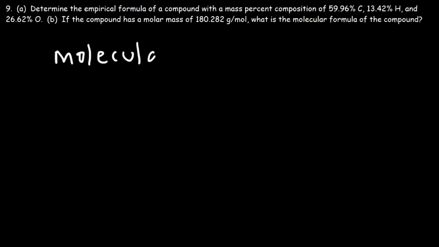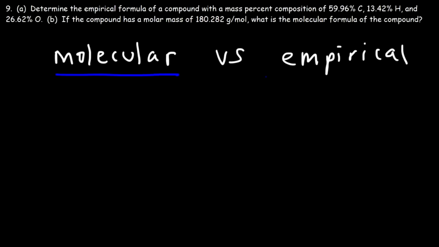So before we begin this problem, let's see the relationship between the molecular formula and the empirical formula. So what do you think is the relationship between these two? So let's say if I have the molecular formula of butane, C4H10. What is the empirical formula?